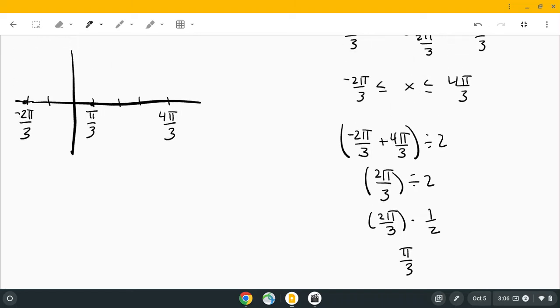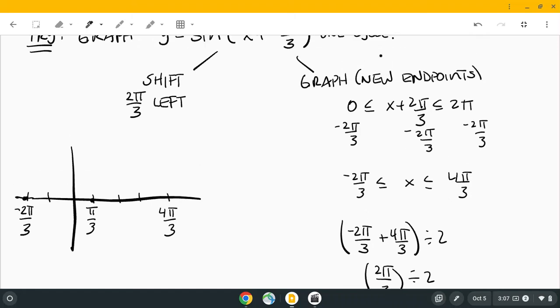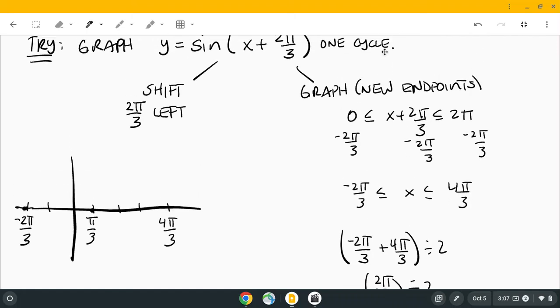Okay, so this is sine, correct? Yes, I believe so. Okay, so we get 0 on the endpoints and in the middle. And then halfway between here and here, we get 1. And halfway between here and here is right there. And then halfway between here and here is negative 1.